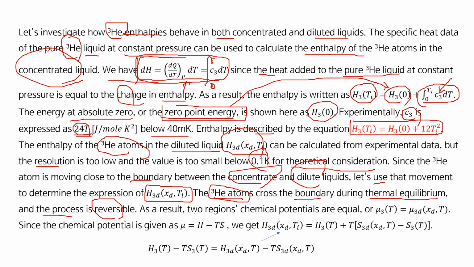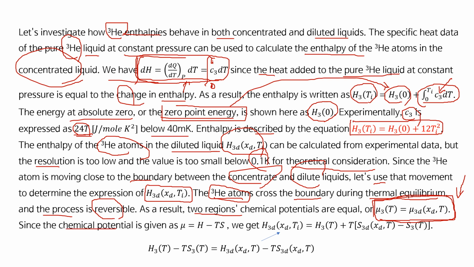So the two regions' chemical potentials are equal. We can assume that the chemical potentials of helium-3 in the concentrated liquid and diluted liquid are the same. So we can assume this relationship.